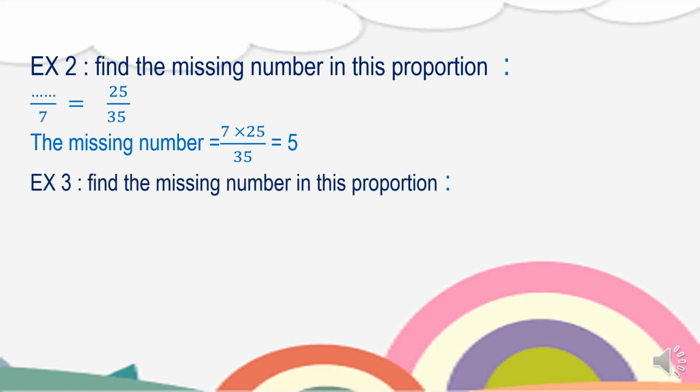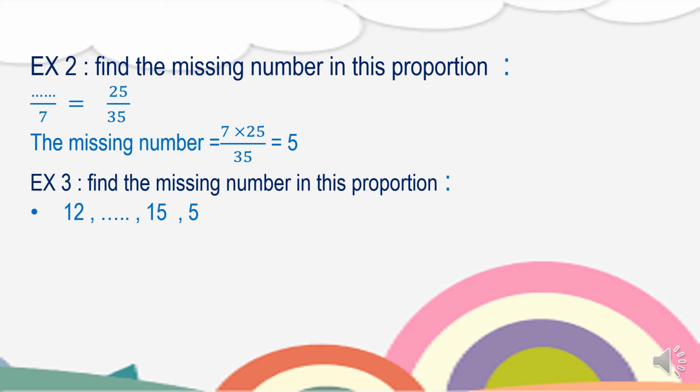Exercise number 3. Find the missing number in this proportion. We can write a proportion as a sequence: 12, dot, 15 and 5.